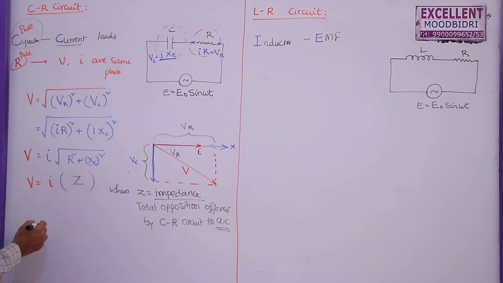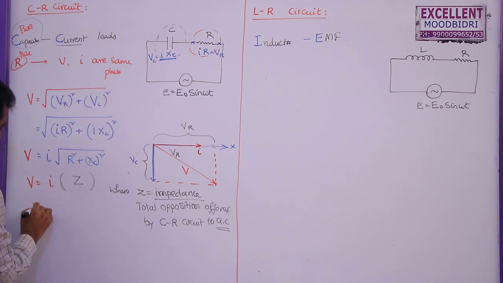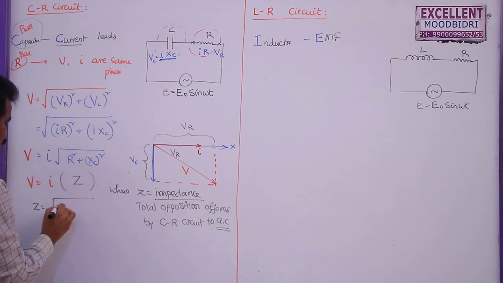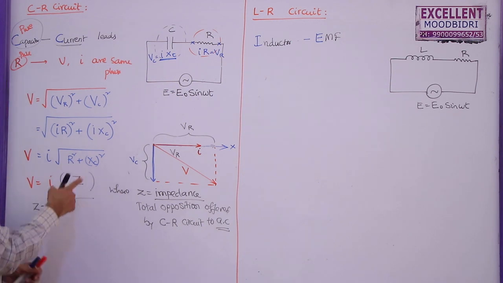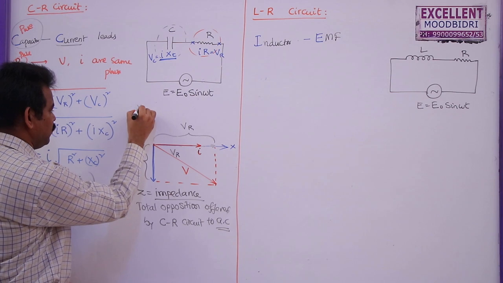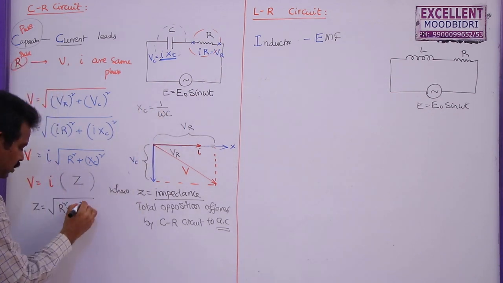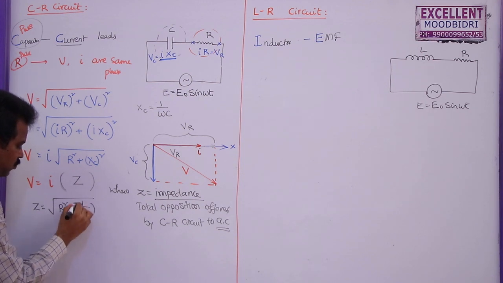So now we can write the impedance of the CR circuit is given by Z is equal to root over R square plus, we know that XC is the reactance due to the capacitor, where XC is equal to 1 by omega C. So you can write 1 by omega C whole square.